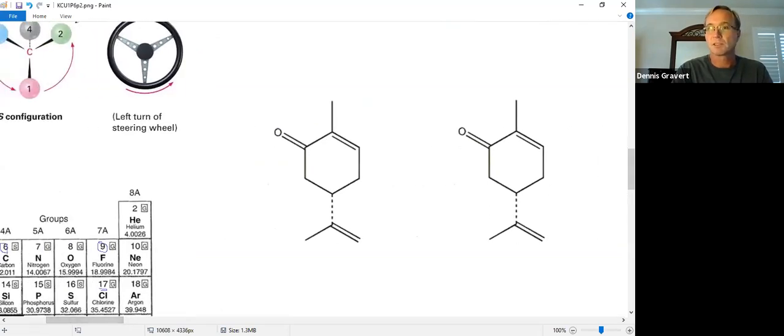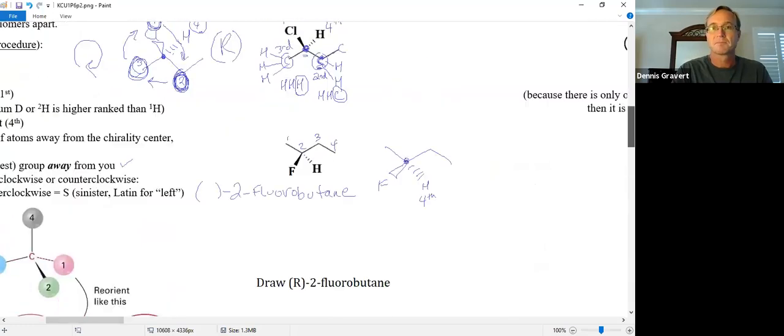Okay. And so again, we're going to have a tie between the methyl carbon and the ethyl carbon. So this carbon is element 6. This carbon is element 6. Fluorine's element 9. That took first place. This carbon and that carbon's tied. Break the tie by going to the next set of atoms.